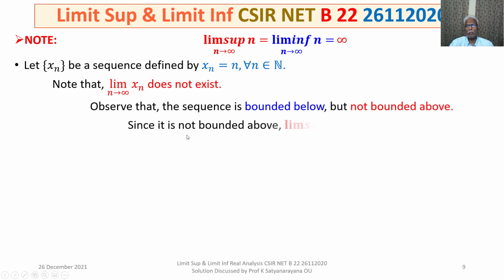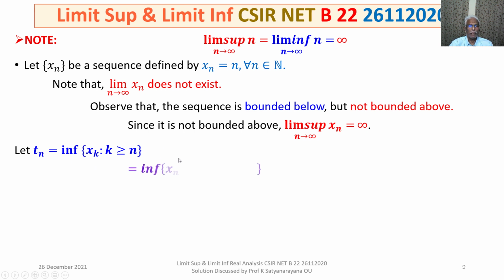And since it is not bounded above, limit superior of xn will be infinity. Let's now see what the limit inferior is for this. Let Tn be equal to the infimum of xk, k greater than or equal to n. That is the infimum of xn, xn plus 1, xn plus 2, etc. And xn is n, xn plus 1 is n plus 1, xn plus 2 is n plus 2.